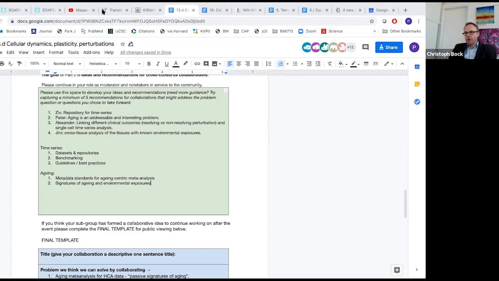So we would infer signatures from the human cell atlas, where these signatures would be very high resolution in terms of the cellular and molecular microenvironment, for example, whereas in the cohort studies, where the profiling would be more shallow, they would give very accurate information of past environmental exposures.